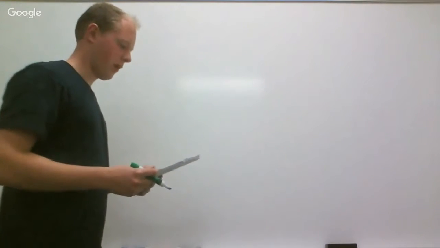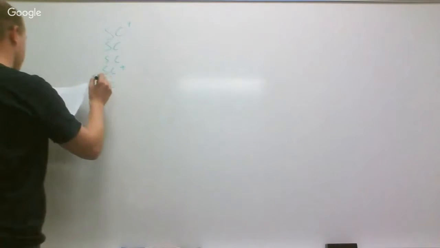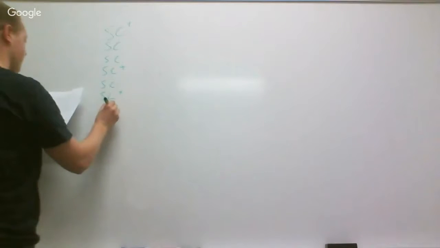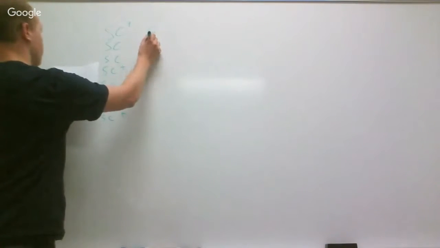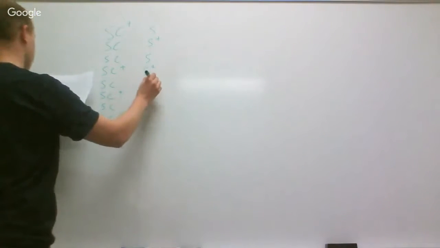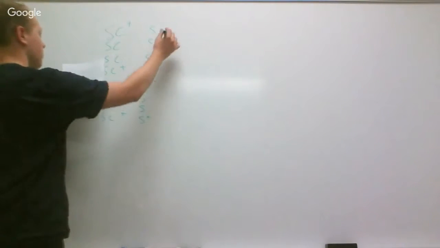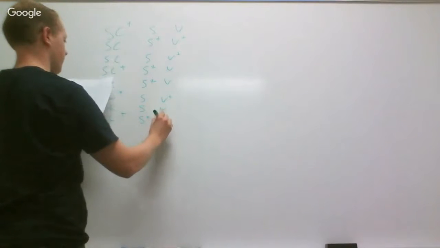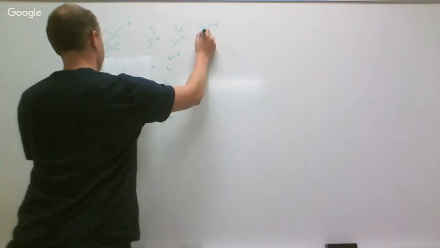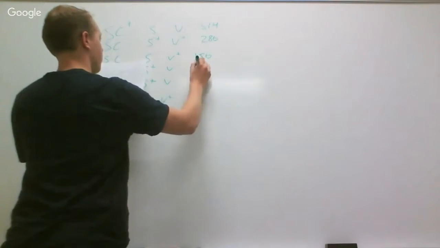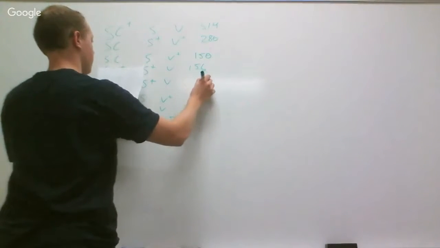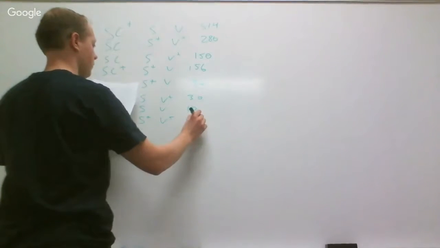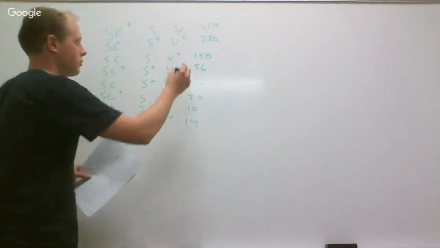All right, for number 2, let's start off by redrawing the table for these fruit flies. So to determine the parental genotypes, we'll just look at these.